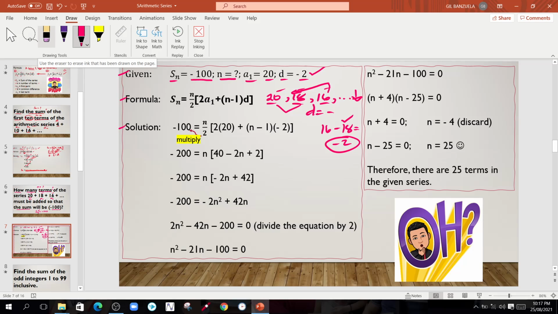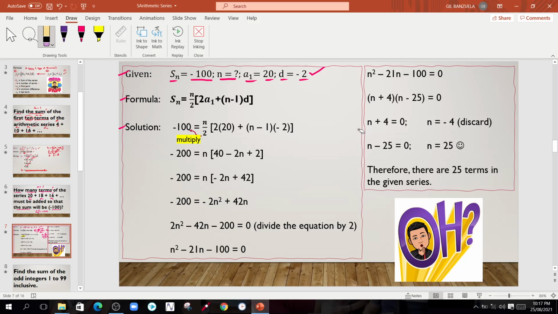Okay? Ayan. So, let me clear this para in-explain lang natin. So, just for recall on how to get the common difference. And I know naman, naintindihan na natin yan doon sa arithmetic sequence. Okay? So, again, yung kinatatakutan ng iba, magde-decide na sila.